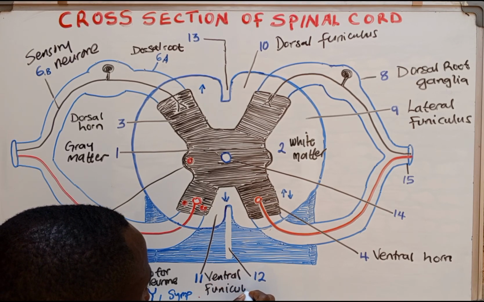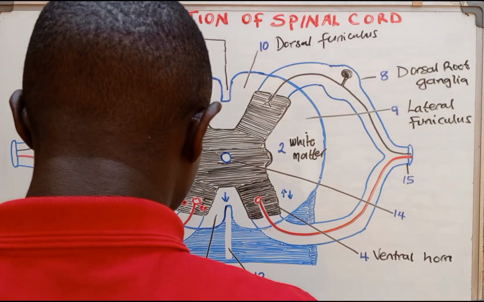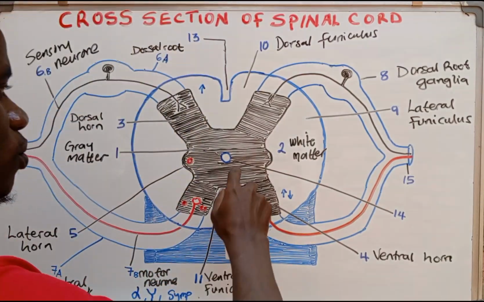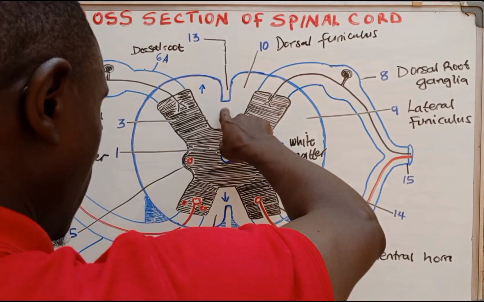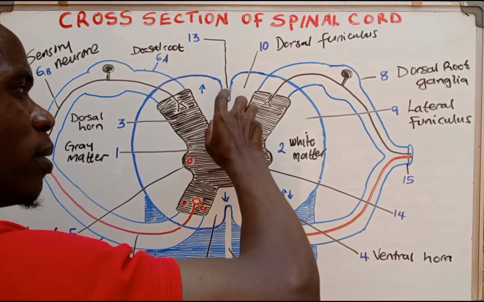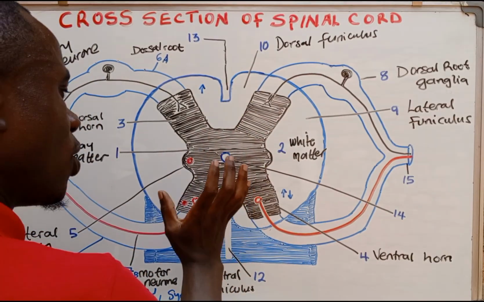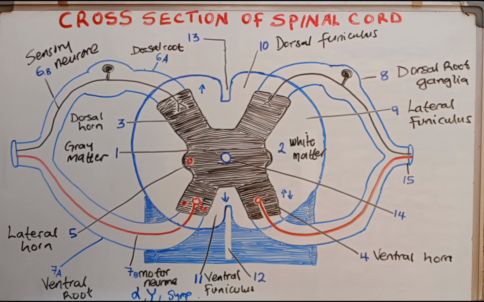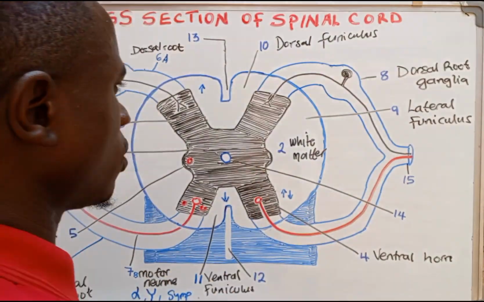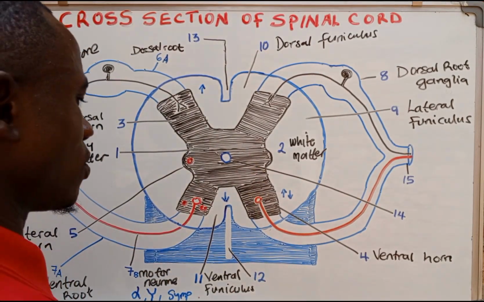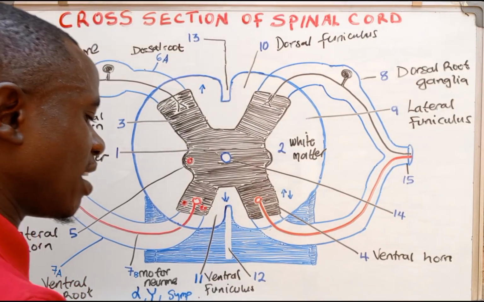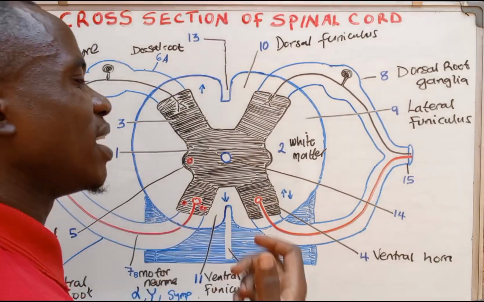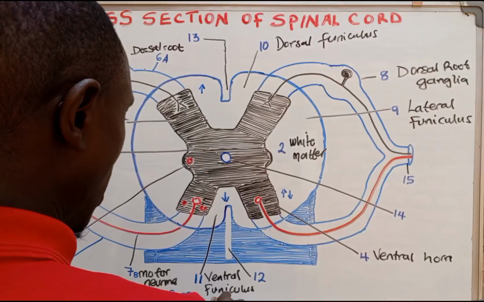In the ventral funiculars, we have the reticulospinal tract and the vestibulospinal tract. Here we have more descending axons and a little bit of ascending axons. So that's number 11, the ventral funiculars. You may even call it the anterior funiculars.